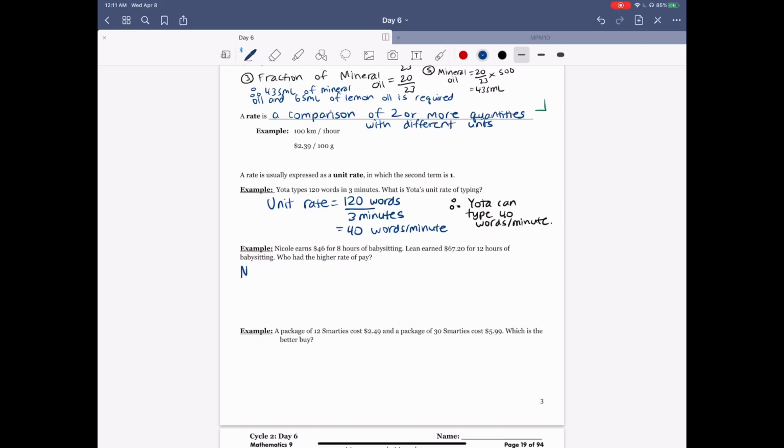So for Nicole, she earns $46 in 8 hours. And you can put that in the calculator, and you'll get $5.75 per hour. So that's how much Nicole makes.